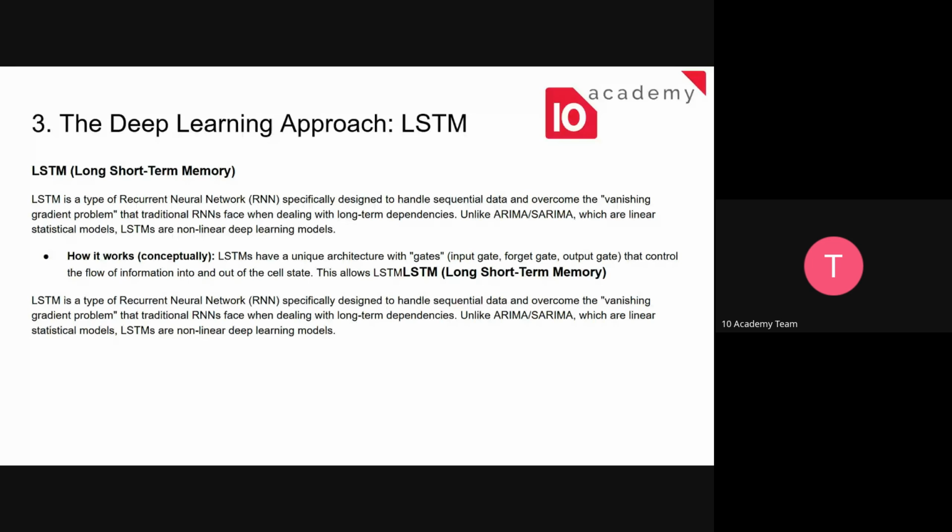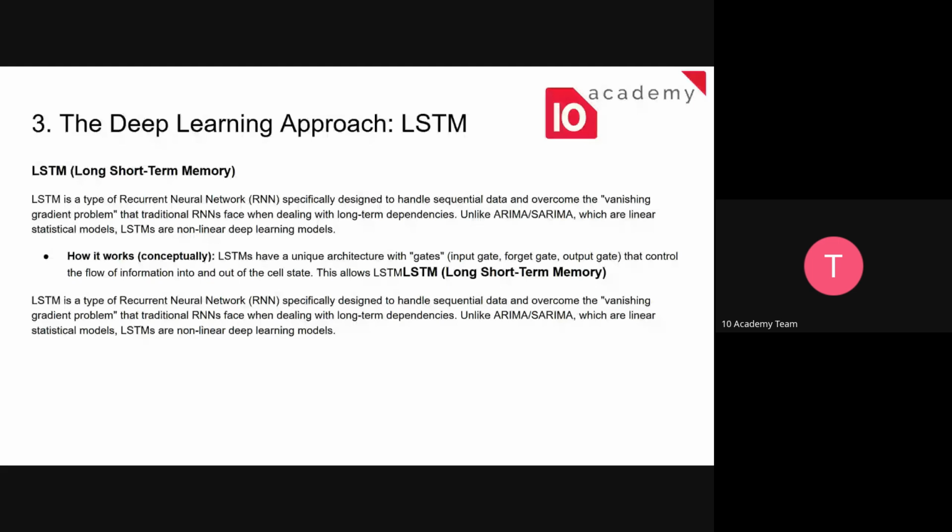As you can understand from the name, long short-term memory has both long-term and short-term memory. It's specifically designed to handle sequential data and overcome the vanishing gradient problem that traditional RNNs face with long-term dependencies.